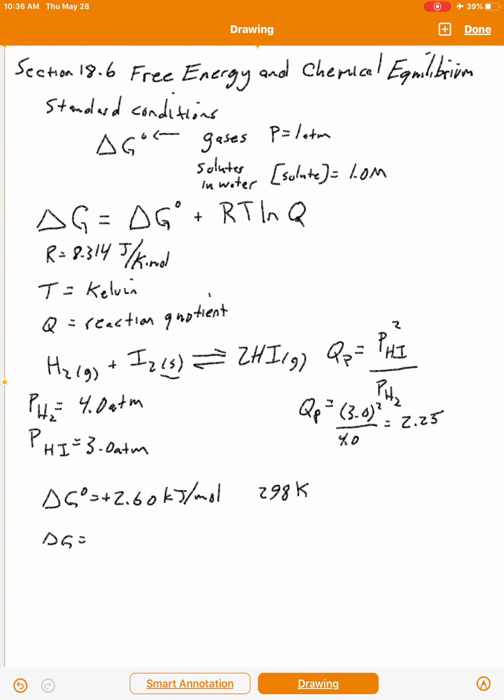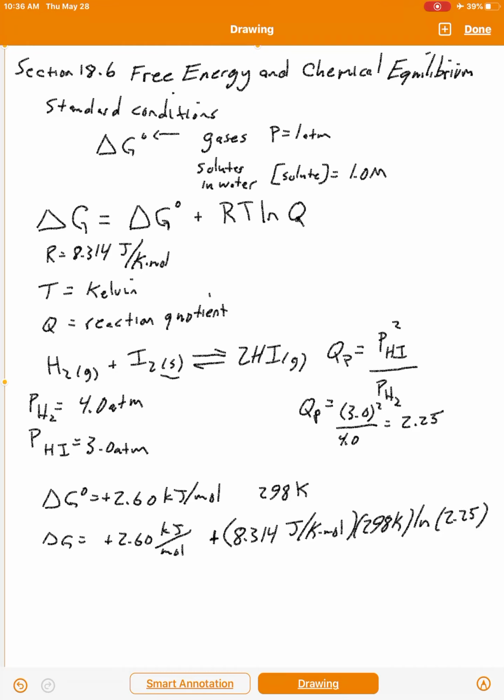Delta G would be delta G naught, which is 2.60 kilojoules per mole, plus RT ln Q, so plus 8.314 joules per kelvin mole, that's R, times 298 Kelvin, times the natural log of Q, which would be the natural log of 2.25.